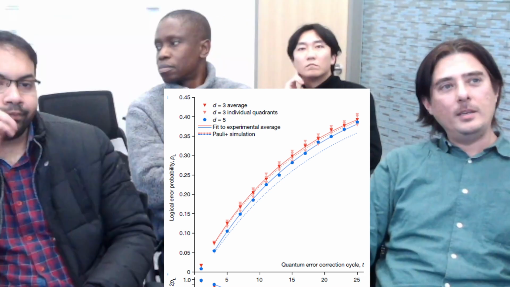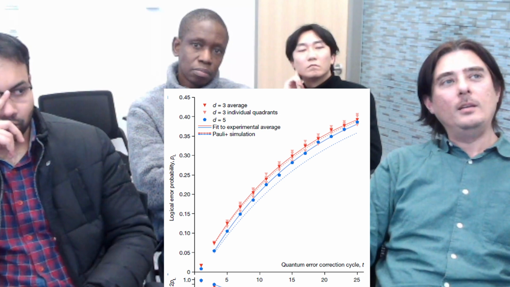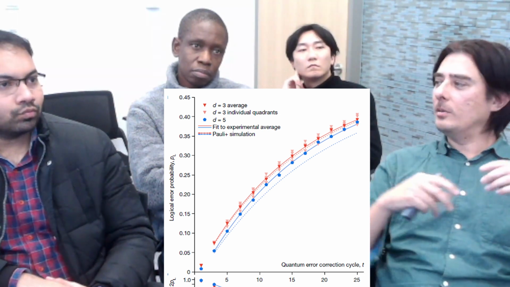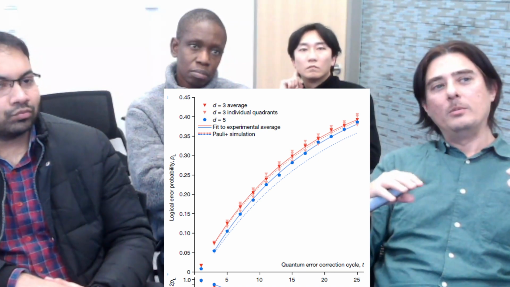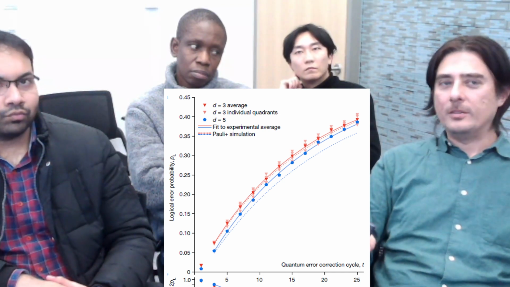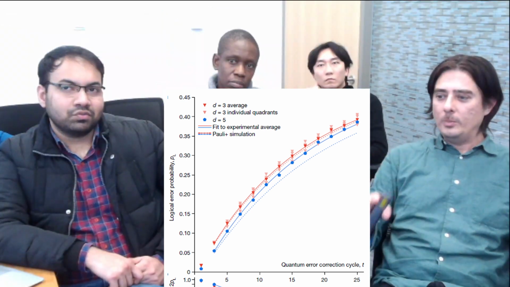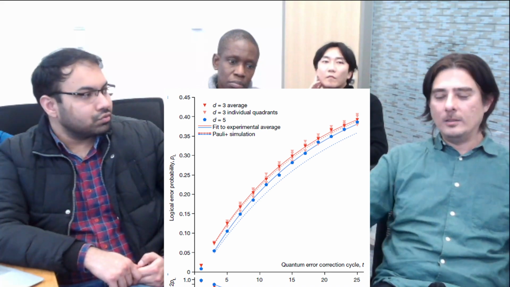But the key point in this first plot is that if you look at the line for the smaller code, d equals 3, the 3x3 surface code, it's actually higher than the probability for the larger surface code. This is the result they were trying to show, because overall there should be a benefit of using the larger code.